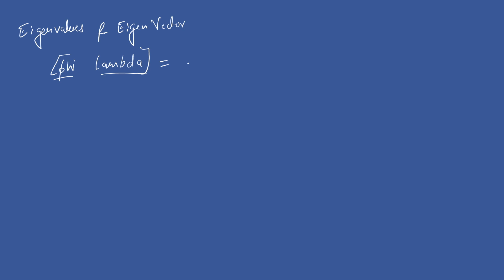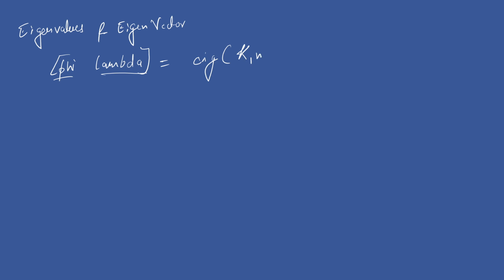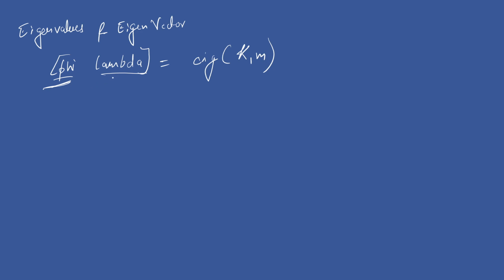Once you have this, you can utilize the EIG function to get the corresponding eigenvalue as well as eigenvector. So this particular command will give you a matrix corresponding to the eigenvectors, and this will give you a diagonal matrix. Each diagonal element will correspond to your eigenvalue.